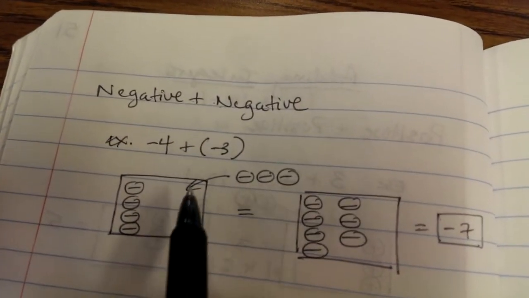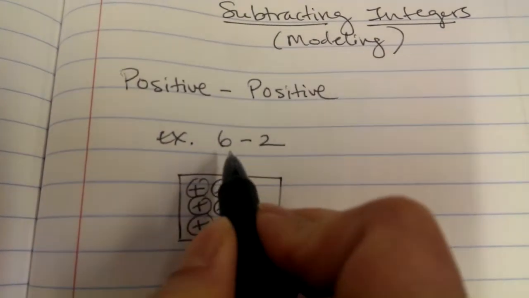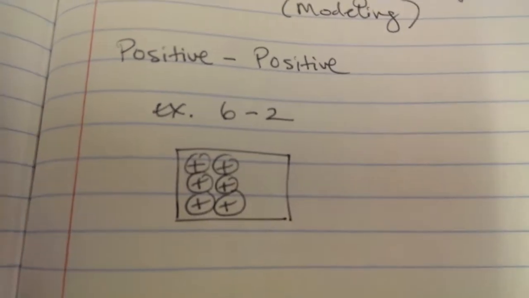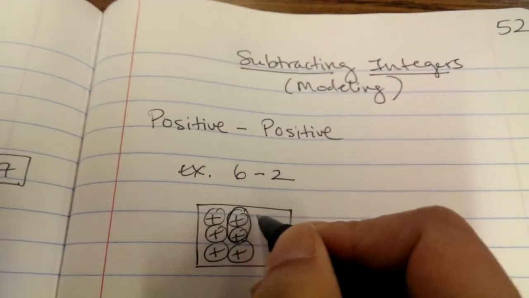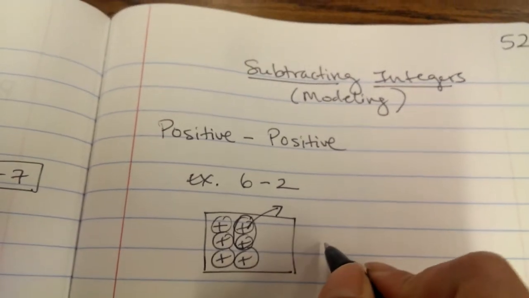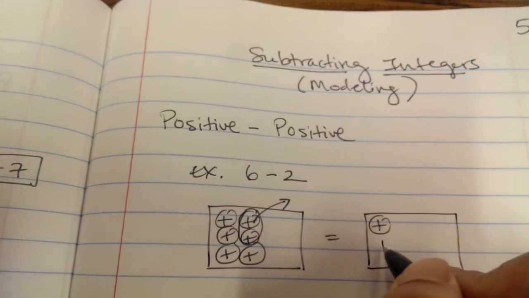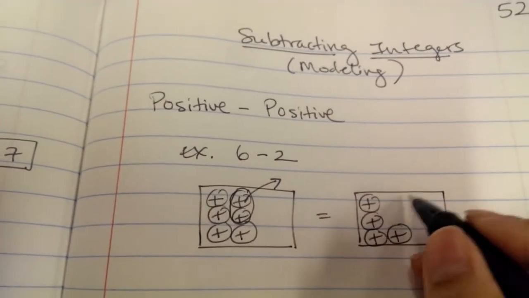So this is a little different than the adding. For the adding, we had to put in integers. But here, since we're subtracting, we are taking out. So it's 6, and then we are trying to take out what? 2 positives. Can we take out 2 positives? Yes. So let's take these 2, and the arrow goes out this way. We're going to take out the 2 positives, and then what we're going to be left with in our box, after we take out the 2 positives, those 2 positives are gone.